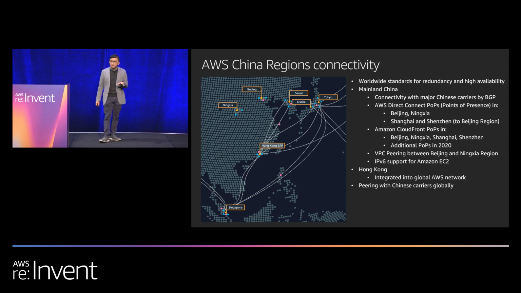We have also added VPC peering to allow you to connect the 2 regions in a safe and secure manner. In fact, we recently added Direct Connect Gateway, which means if you have data centers in China, all you need to do is connect to either one of the regions and that will give you access to both regions. This concept is similar to the Direct Connect Gateway in the international market.